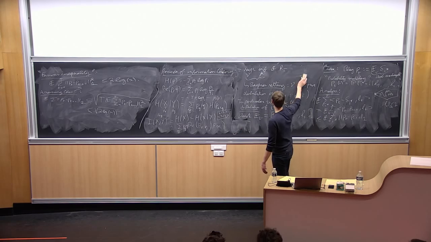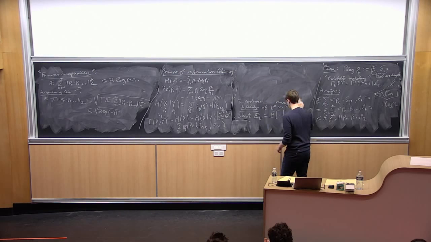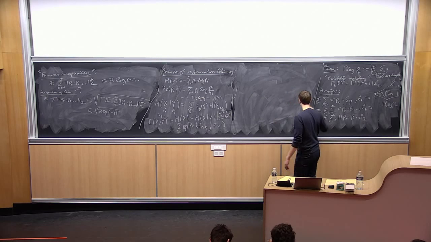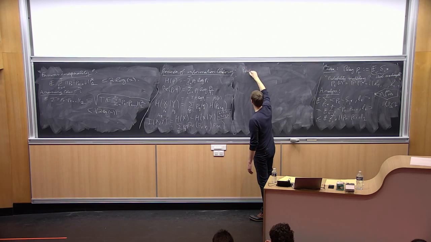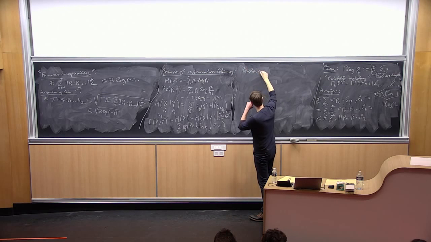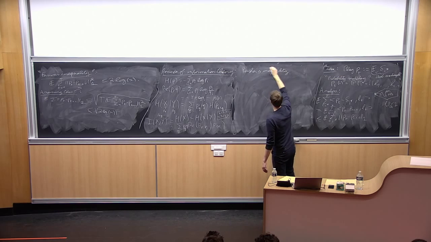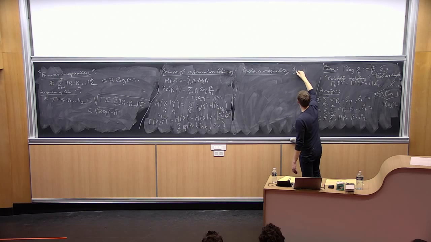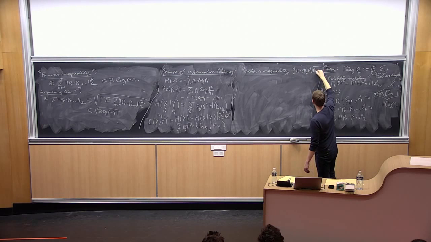Okay, and an important inequality, which is simple to verify but very important, relating the L1 distance to the relative entropy, is Pinsker's inequality, which tells you that 1/2 of the L1 norm between P and Q is bounded by the square root of the relative entropy.